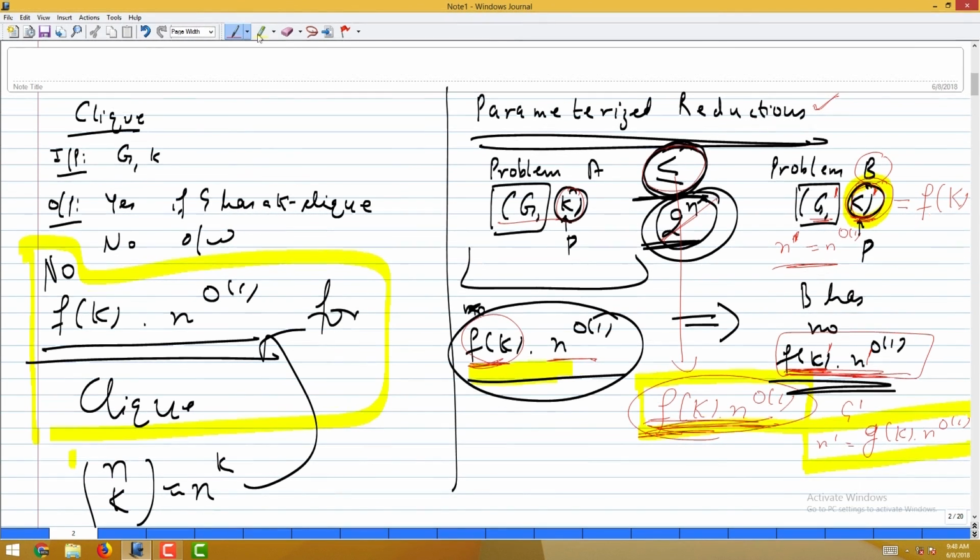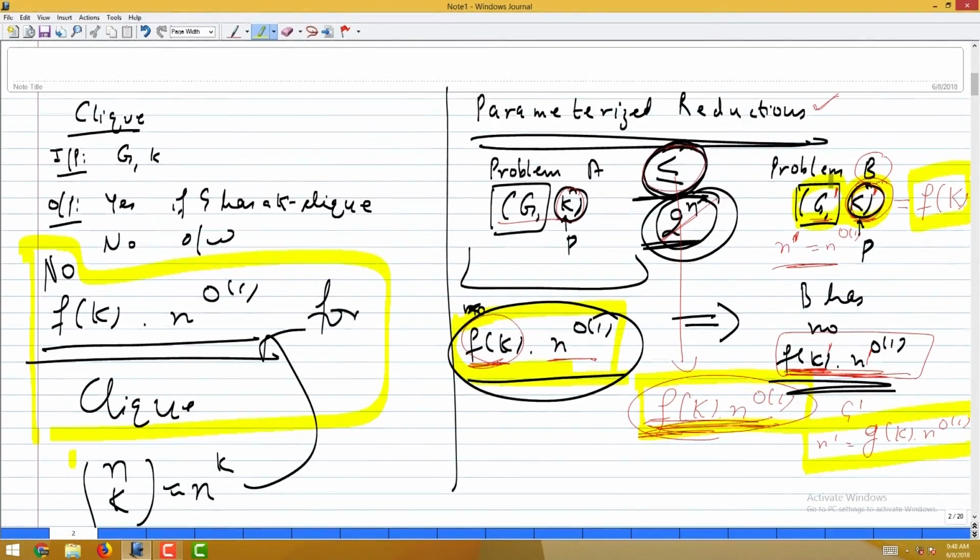So there are three things. I'll write them down clearly in the next slide again. What we discussed is, if I want to show some negative results for hardness using reductions, and if I start with a problem which I know has no f of k into polynomial time algorithm, then I give the following kind of reduction: the reduction takes some f of k into polynomial in n time, and at the end of it, it returns an instance of another problem where the instance has size some g of k into polynomial in n, and the parameter has size some f of k.